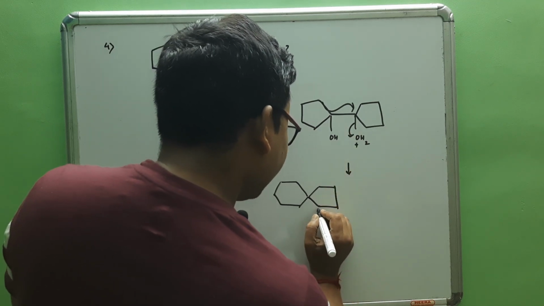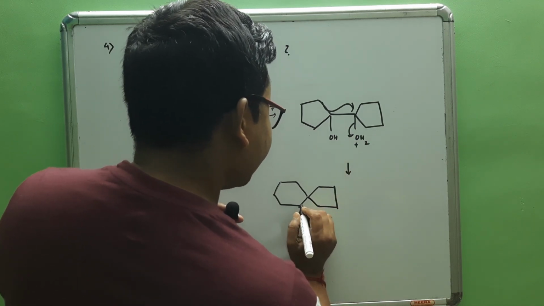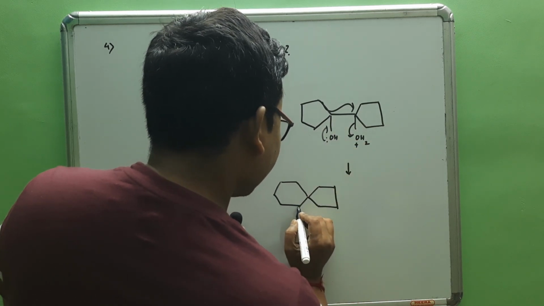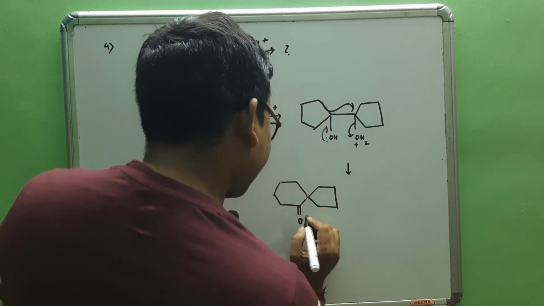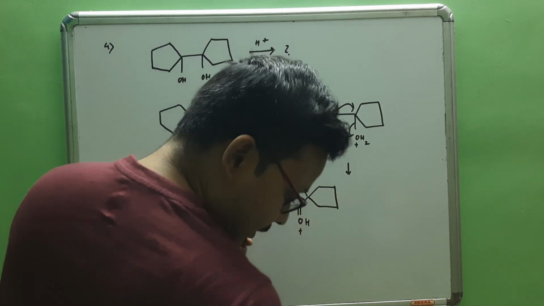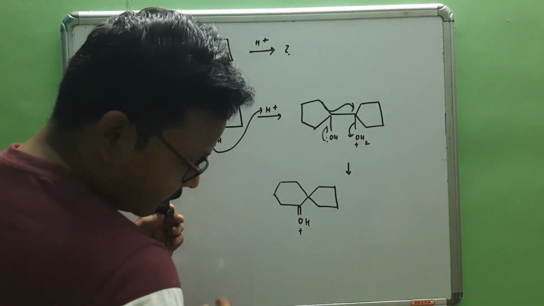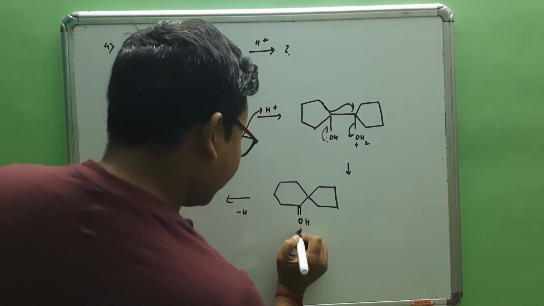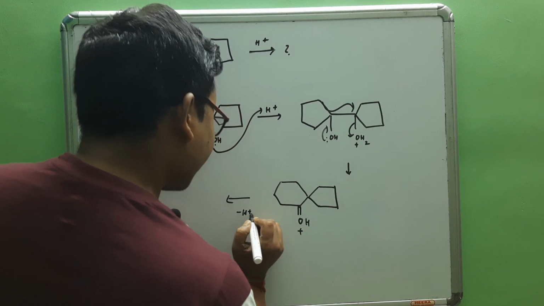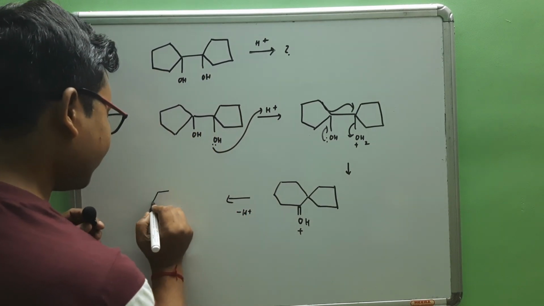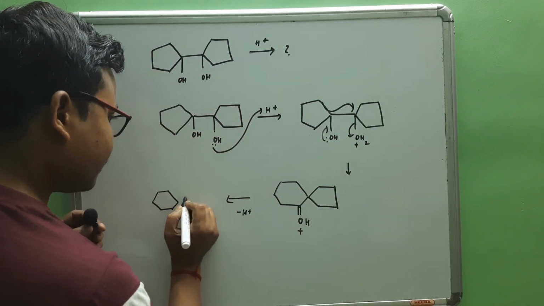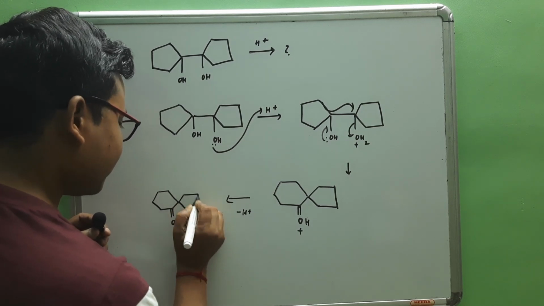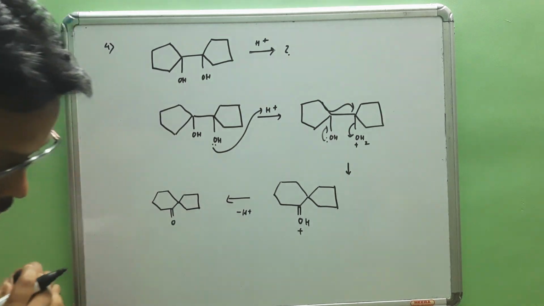And here the OH group, here the H plus ion will be omitted like this. So this will be the end product.